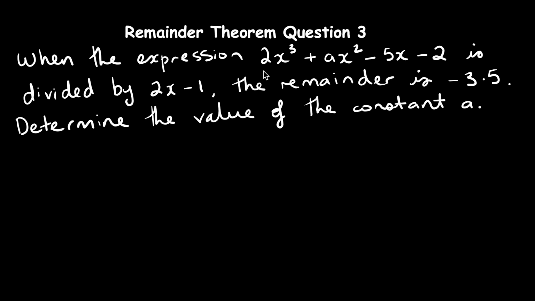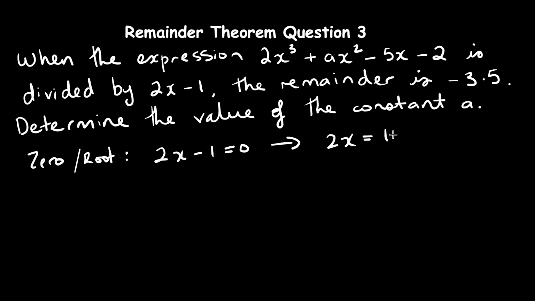All right, so what we need here is, let's say we're dividing by 2x minus 1. And that means that our root or our 0 in this instance is going to be 2x minus 1 equal to 0. And when we solve that, it's going to be 2x is equal to 1, which implies that x is equal to a half.